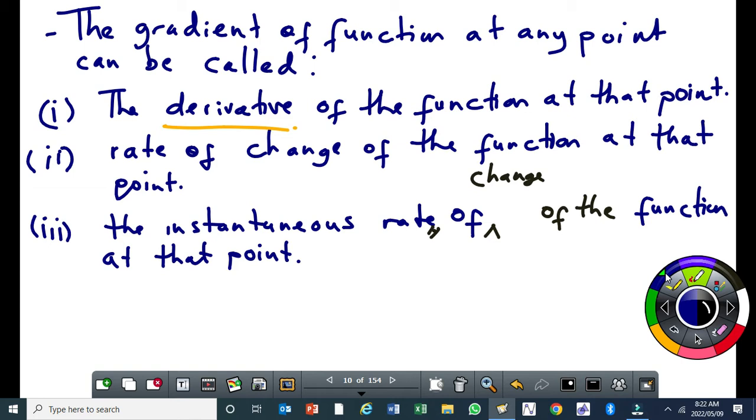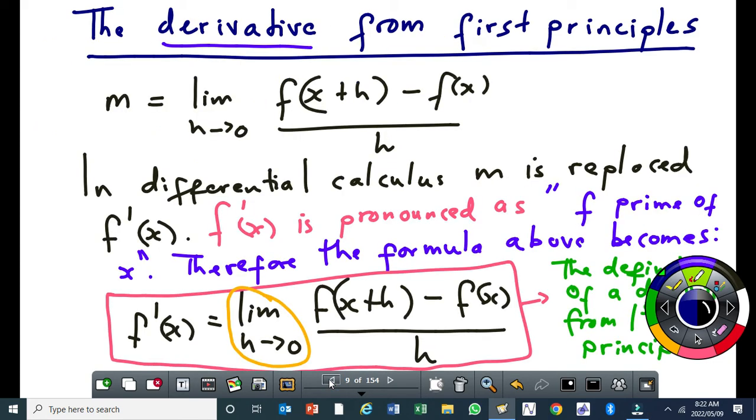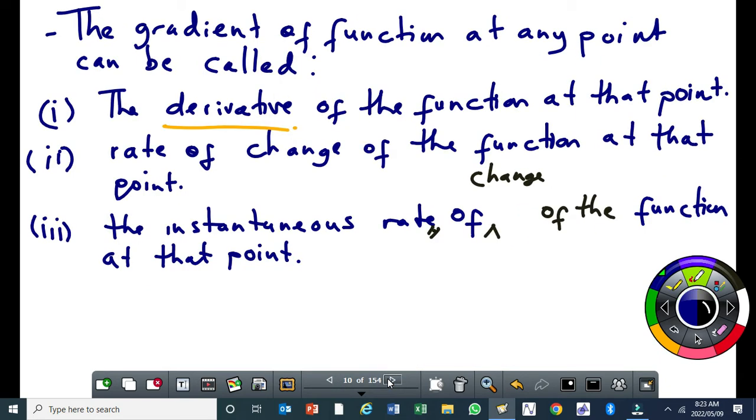Can I have your attention, please? Allow me to do some examples on how to use this formula. Based on your curriculum, you are only supposed to find the derivative, in most cases, of a quadratic function or a hyperbola.